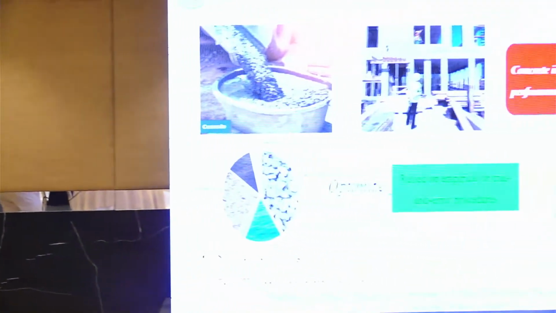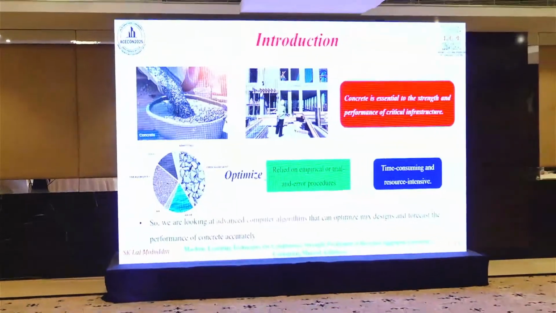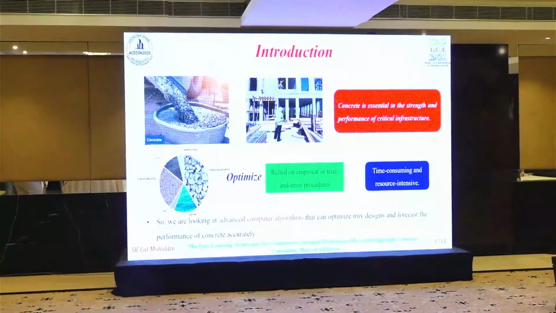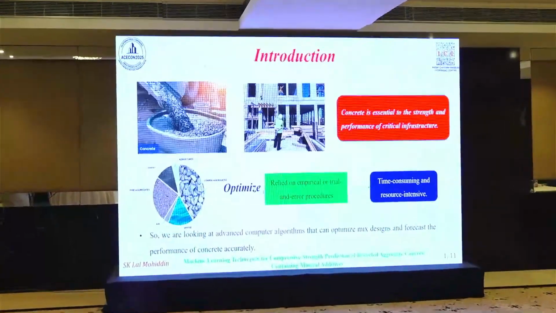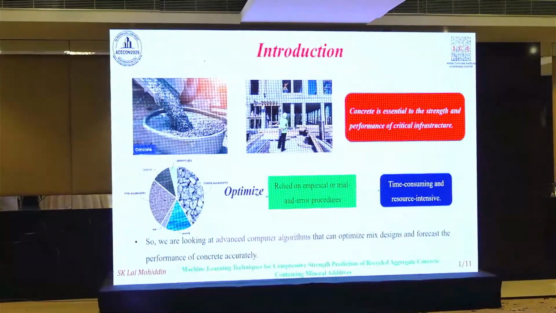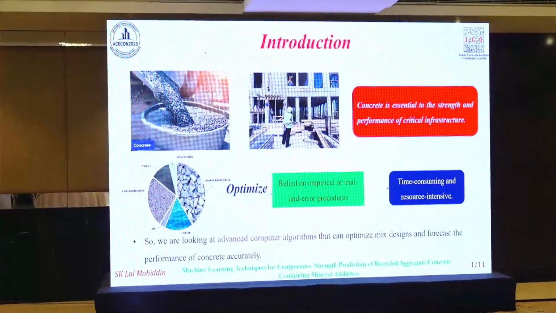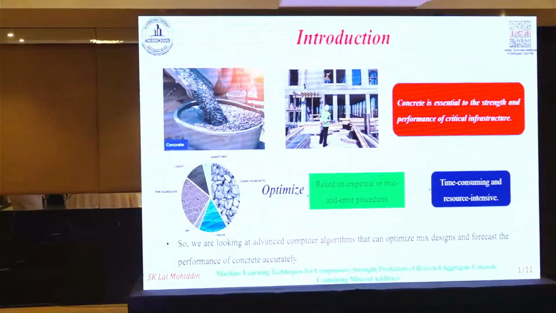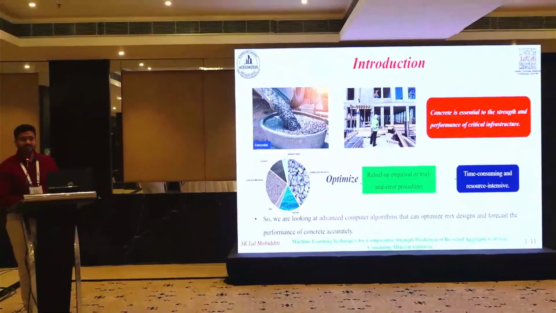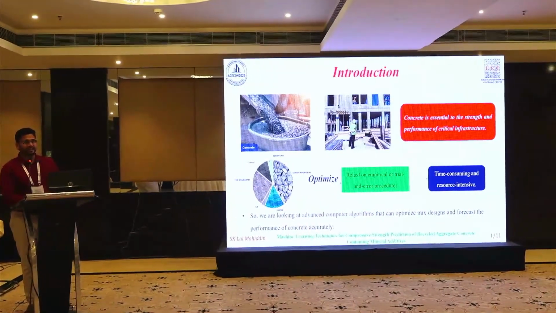Coming to the introduction, we all know that concrete is the most widely used building material and it is essential to the strength and the performance of critical infrastructure. Traditionally, optimizing the proportion of major components like cement, water cement ratio, aggregate, sand, etc. has relied on empirical and trial and error processes. These are time consuming and resource intensive.